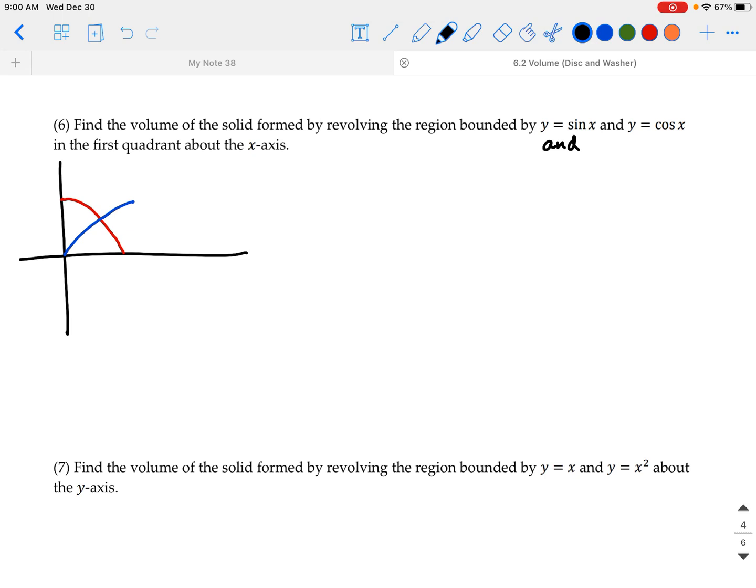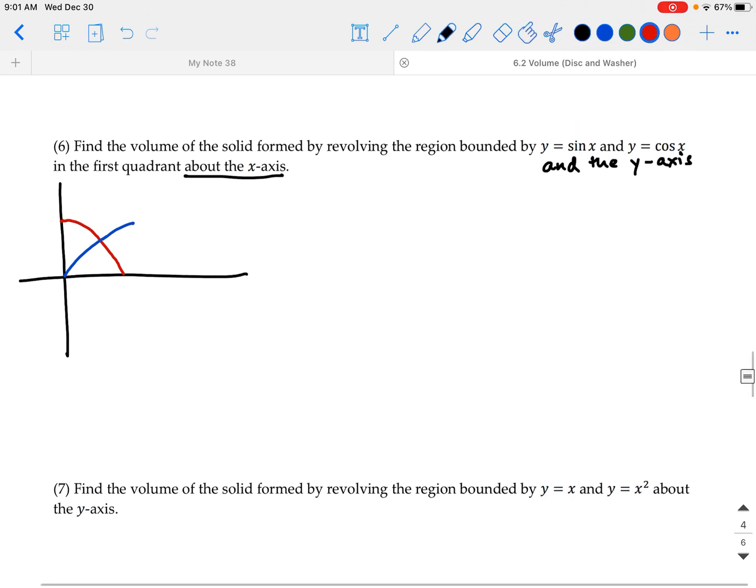So let's do bounded by y equals sine x and y equals cosine x and the y-axis, about the x-axis. So we'll note that, this is going to kind of continue on.